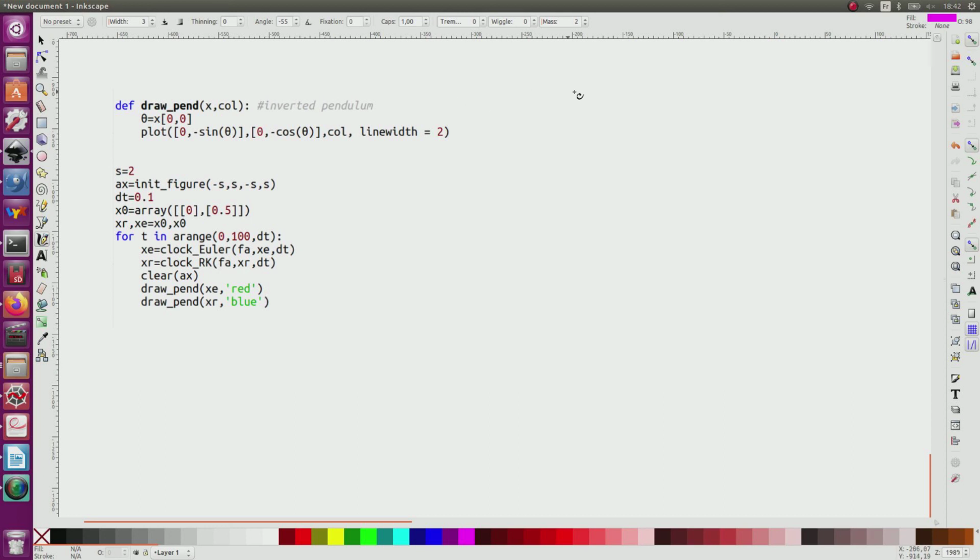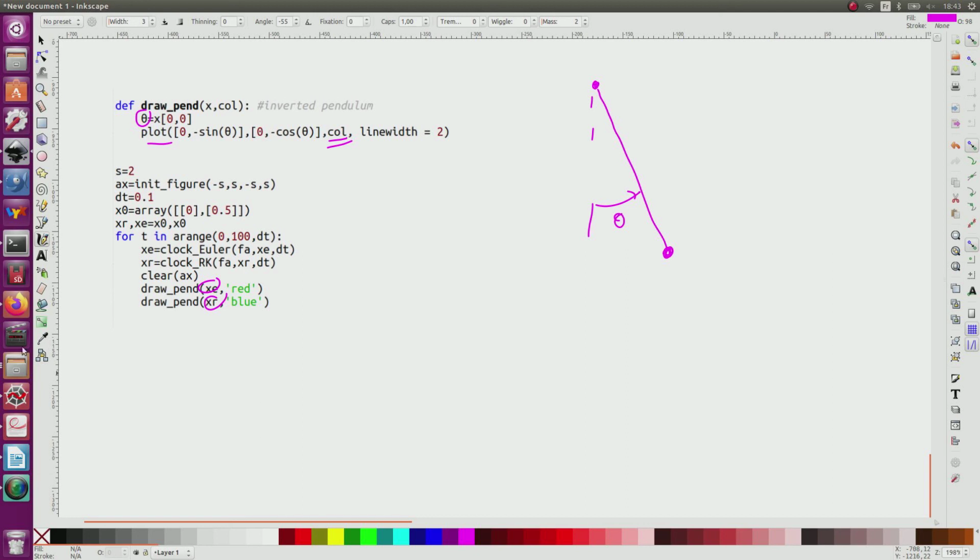So it means that I will draw the actual pendulum with an angle like this, corresponding to theta, which is extracted as the first component of x. Here I plot it with the corresponding color, which is red for the Euler and blue for the Runge-Kutta method.